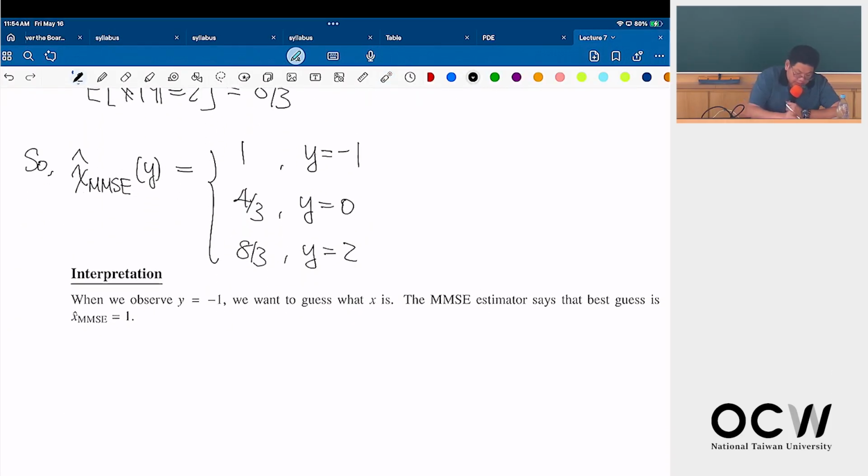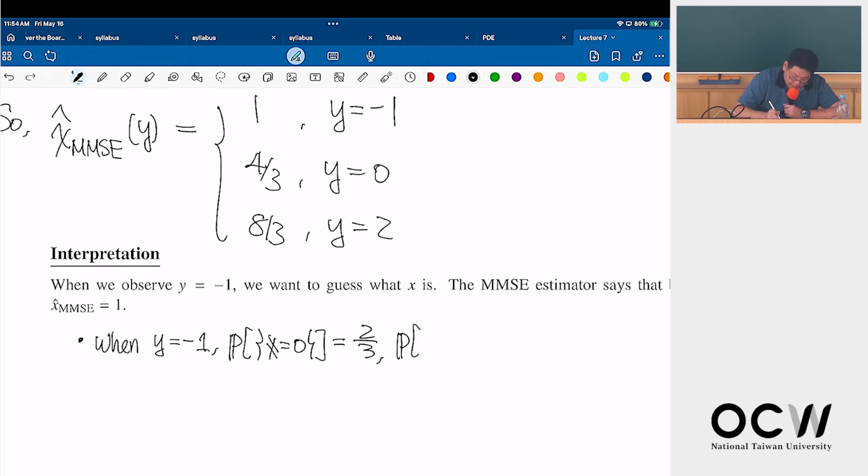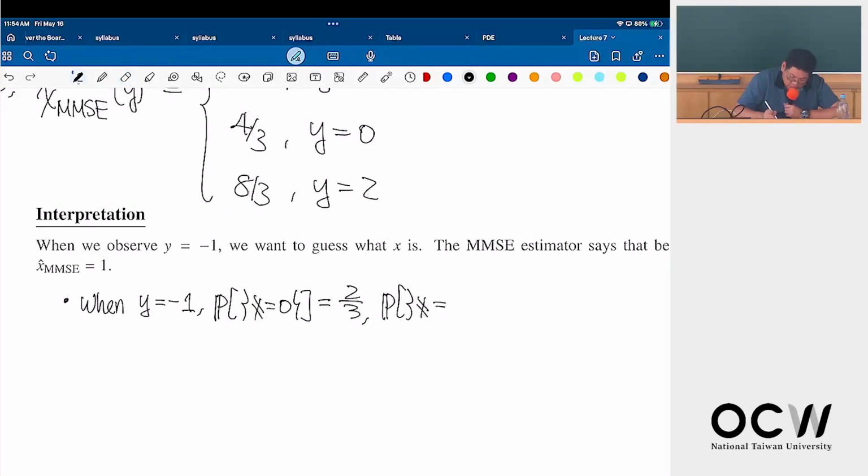You can see that when Y equals -1, the probability of X equals 0 is 2/3, and the probability of X equals 3 is 1/3, and then you can see that the mean is 1.